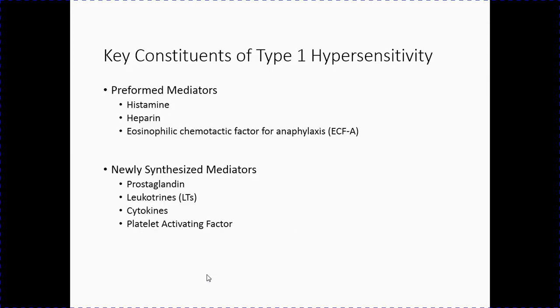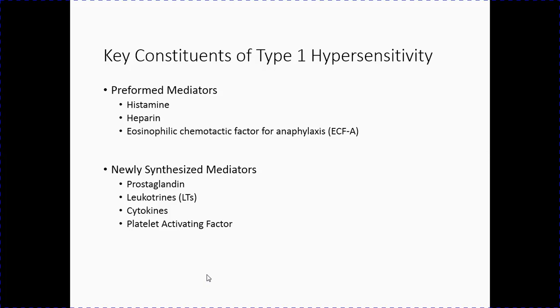A couple of other things. We're going to be talking about some chemicals that get released from the granules of both, we're going to primarily just say mast cells and basophils, in the early and later phases of hypersensitivity type 1 reactions. They're classified in two ways. They're classified either as a preformed mediator or as a newly synthesized mediator.